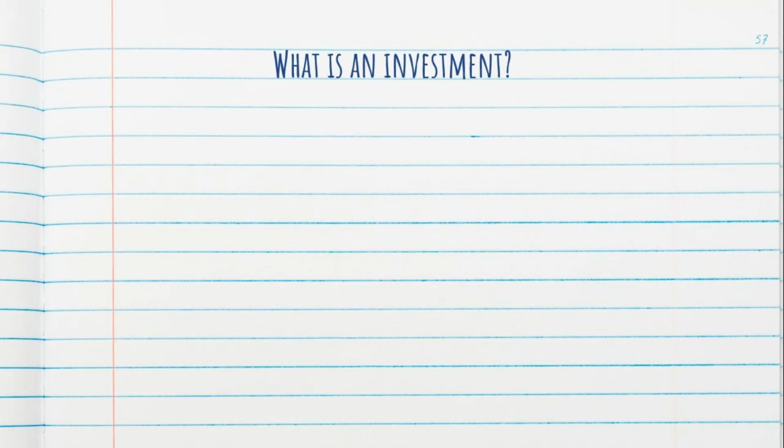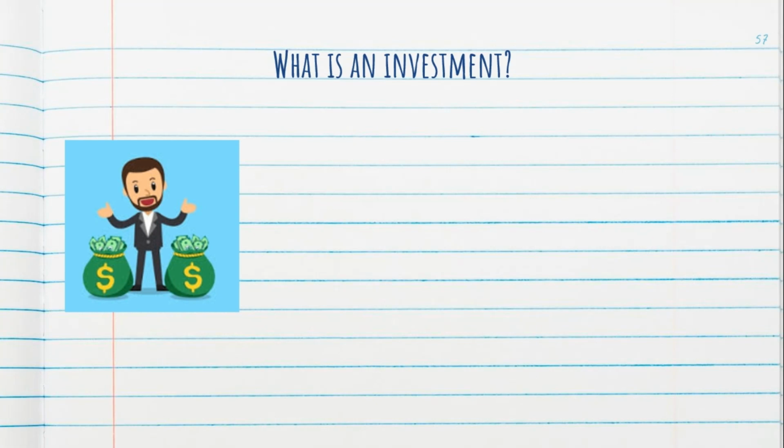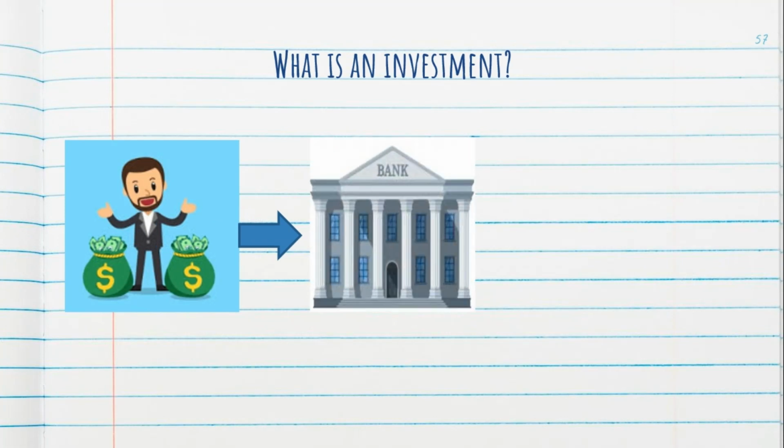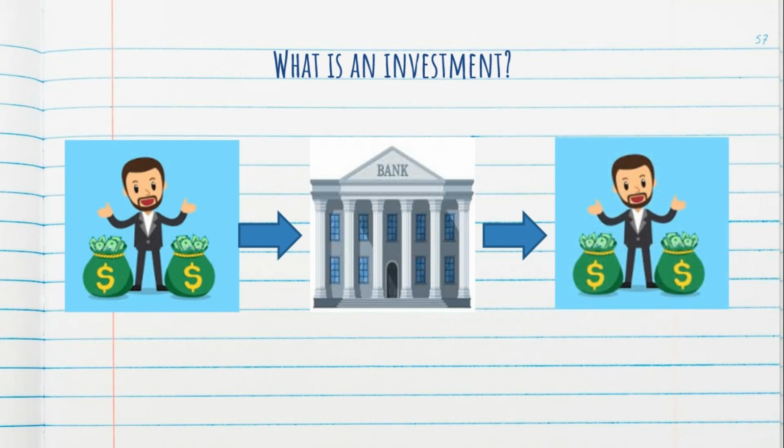That's the regular order. And now let's talk about investments. What is an investment? It's when you have original money, but you want to make it grow. Usually, not always, you take it to a bank and make it grow. That is the idea, to make it grow.